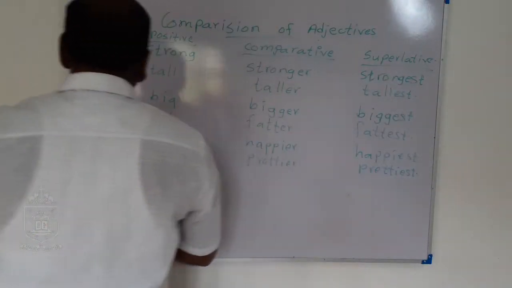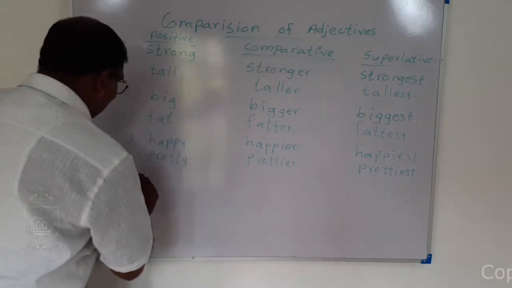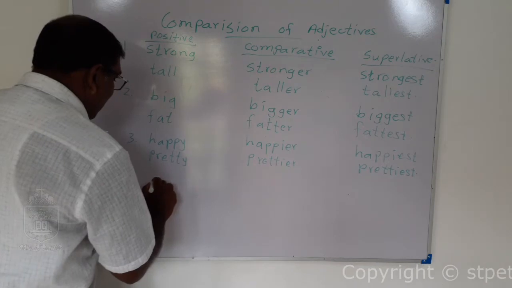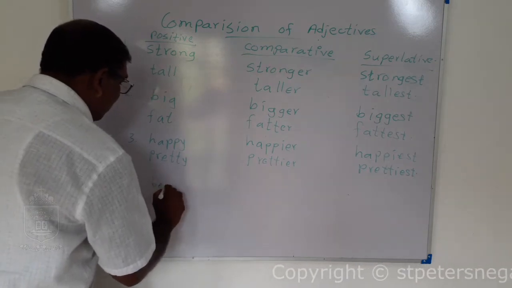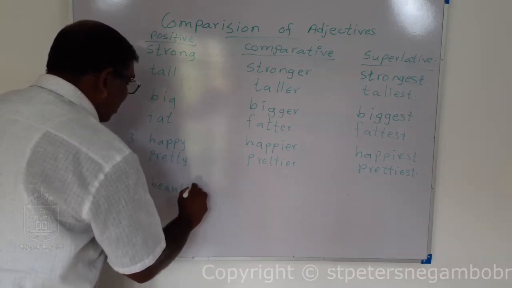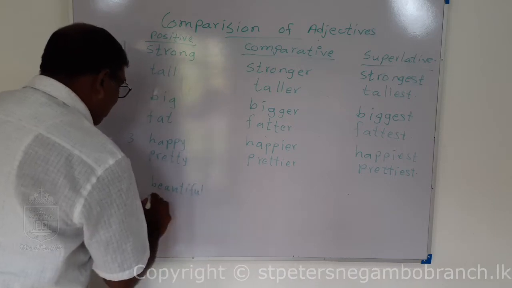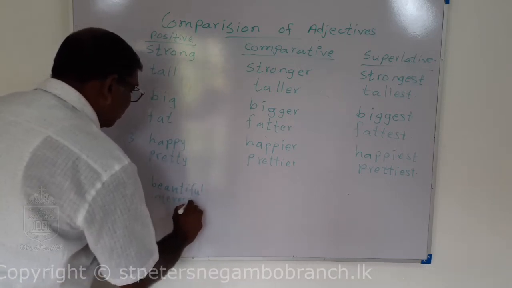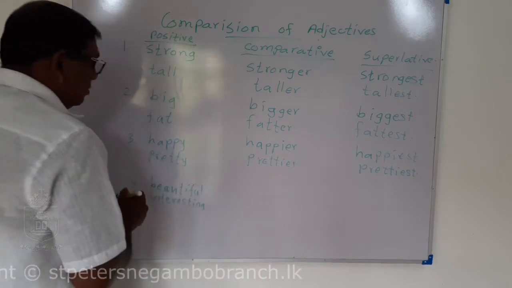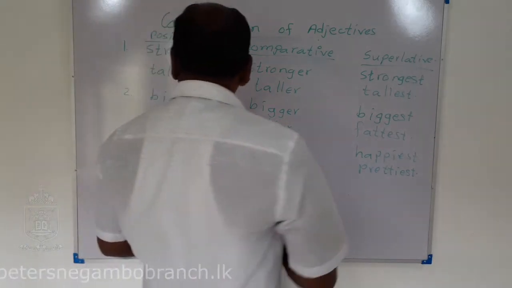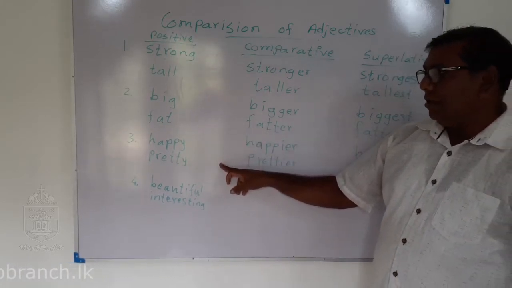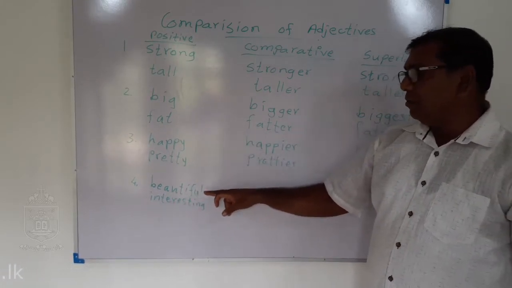The fourth step is, now we can say beautiful, or we can take interesting. Now this adjective is bigger than the other one. Now see, beautiful.